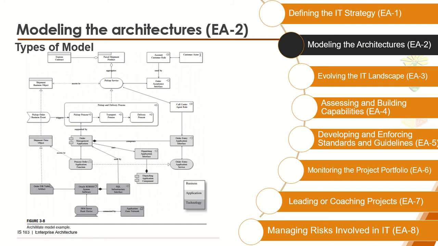The standard distinguishes three modeling layers, natay business, natay application, and technology layers. They are depicted by different shadings in the figure 3-8. So makita nimo diha ang technology are darker shades.